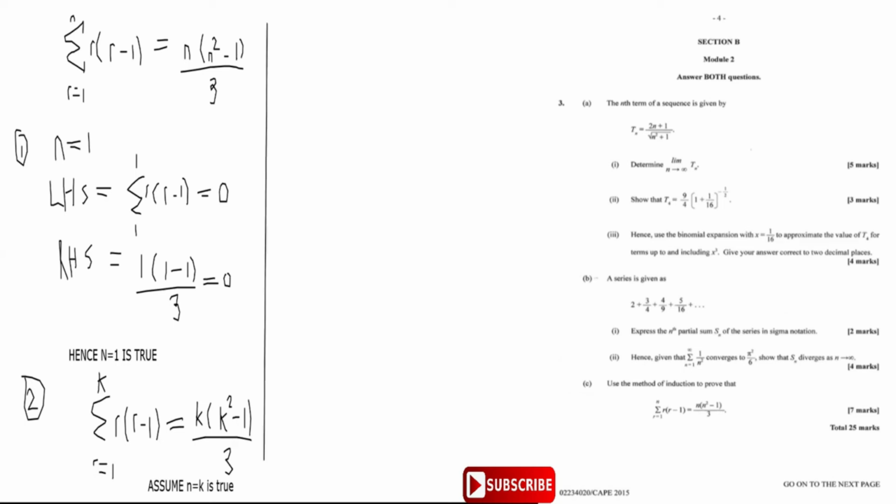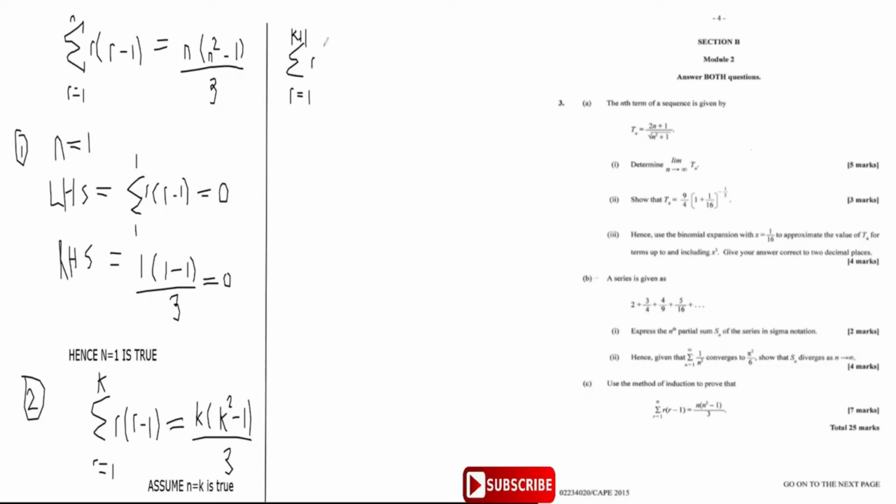Now finally, we need to work out for n equal k plus 1. For n equal k plus 1, you're going to get the sum from r equal 1 to k plus 1 of r into r minus 1.